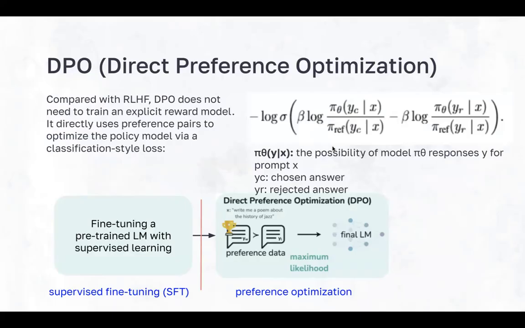So preference, user chose an answer, rejected answer. It's not user input at all. Oh, okay.